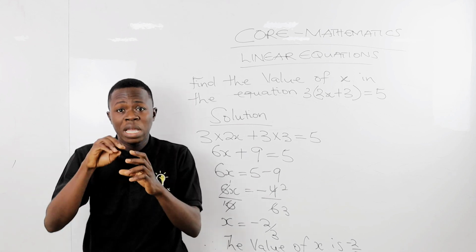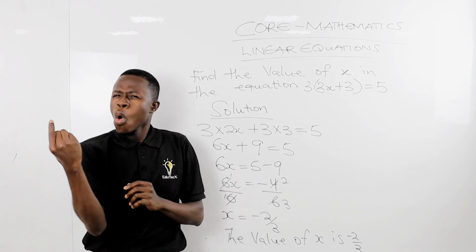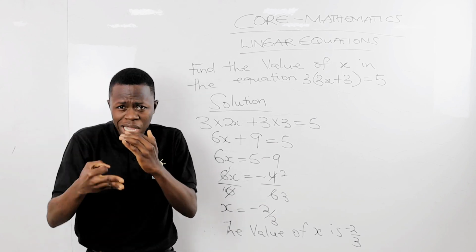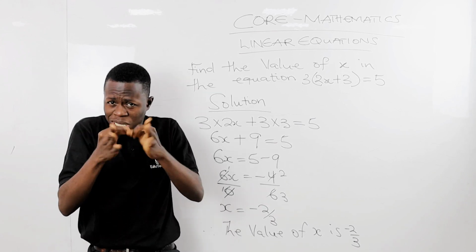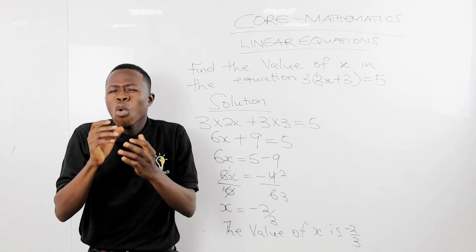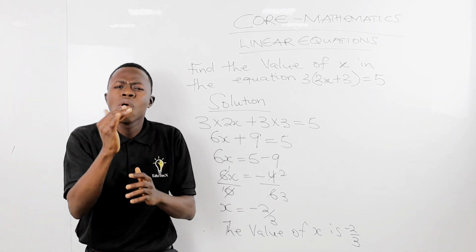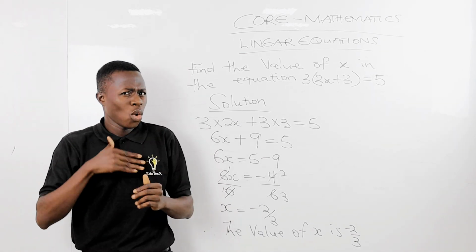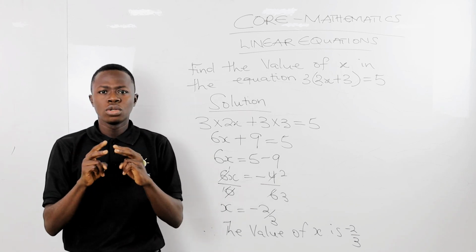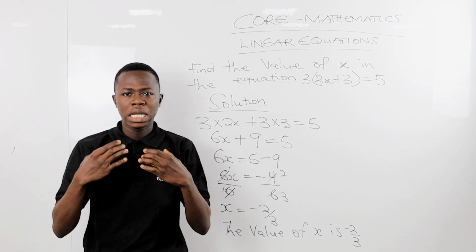So when you have a WASSCE question of this format, they always require you students to provide your answers in this form. So if you finish and you have your answer to be maybe x equals minus 2 over 3, kindly remember to add the last part of the answer, which is the value of x is minus 2 over 3.